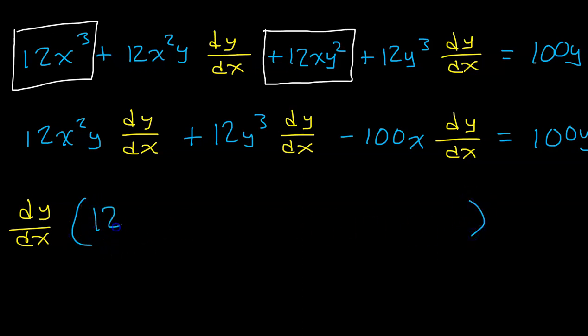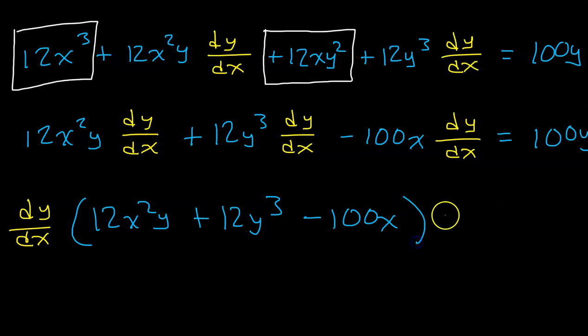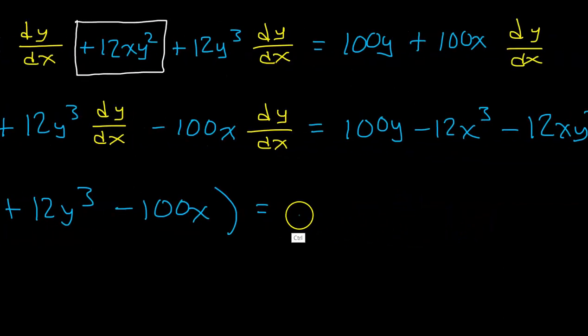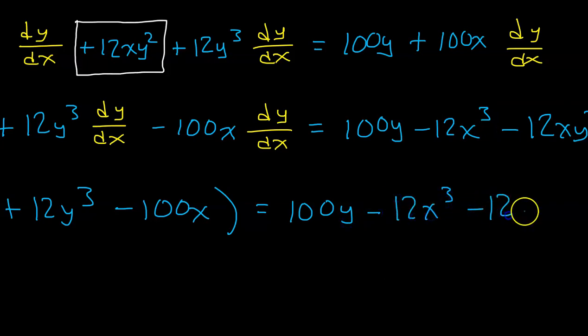And that's just going to leave 12x squared y plus 12y to the third power minus 100x. I guess I can tighten this up a little bit. Is equal to all of this, 100y minus 12x to the third power minus 12xy squared.